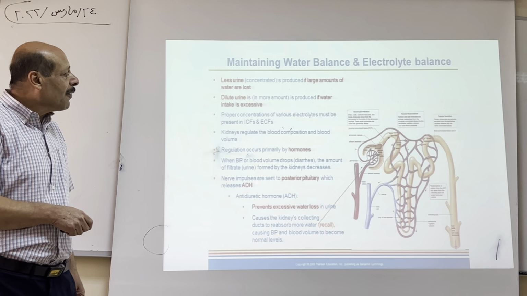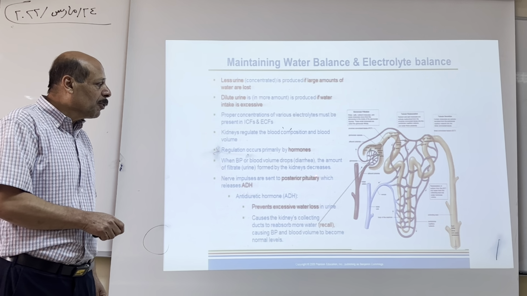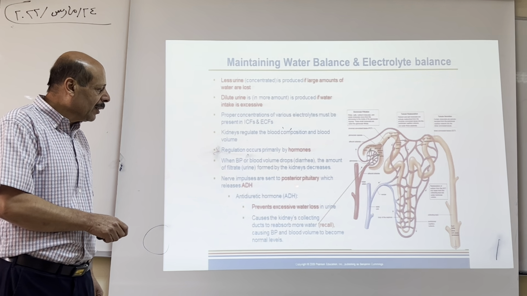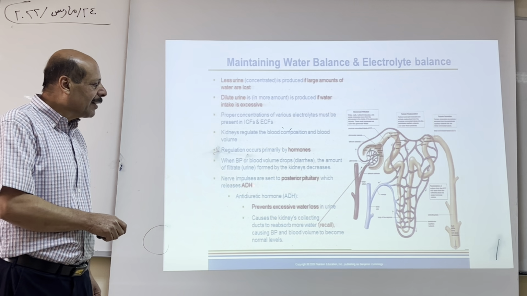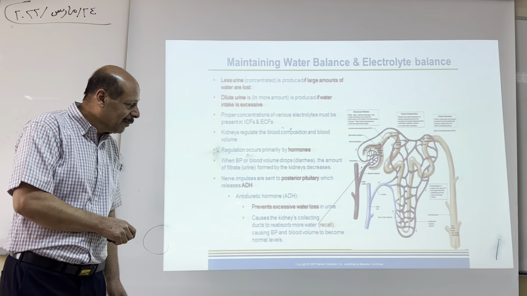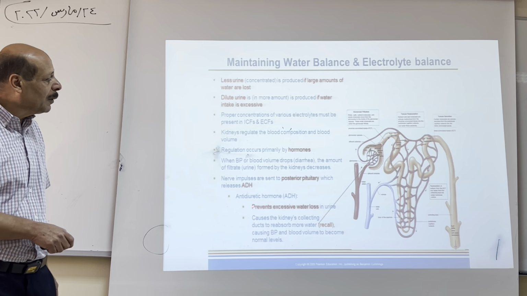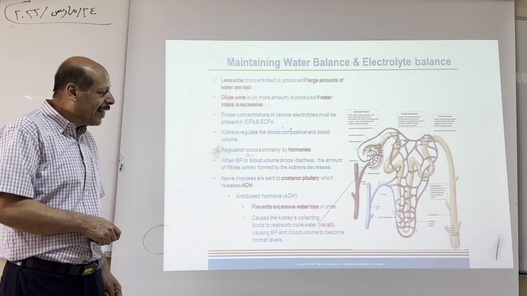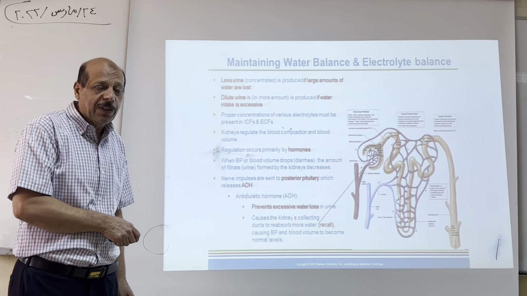So a nerve impulse is sent from the posterior pituitary, which is related to antidiuretic hormone. The antidiuretic hormone will prevent the excess loss of water.